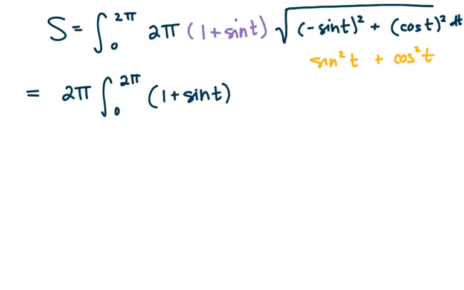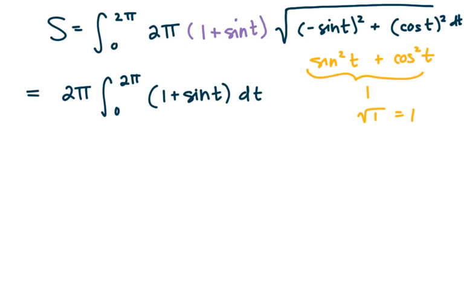Using our trig identities, we know that is equal to 1. So we are dealing with the square root of 1, which is just 1, times 1 dt. I don't need to write that times 1, so I'm just going to erase that.